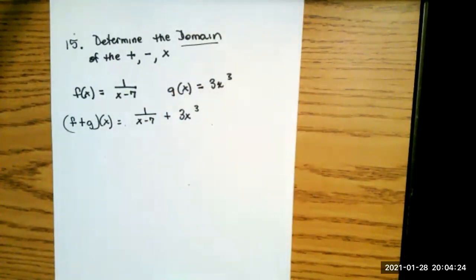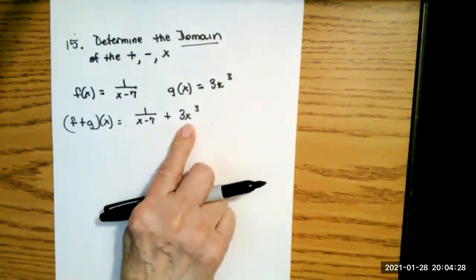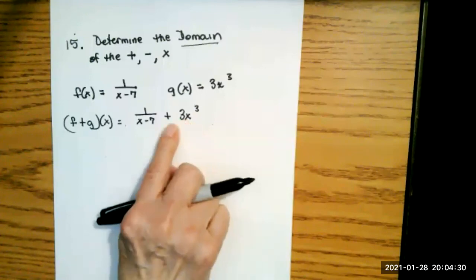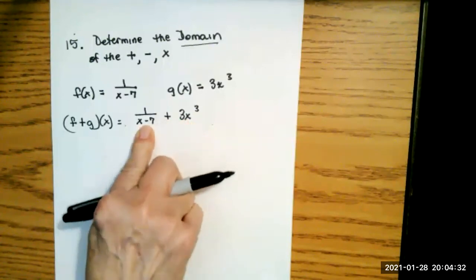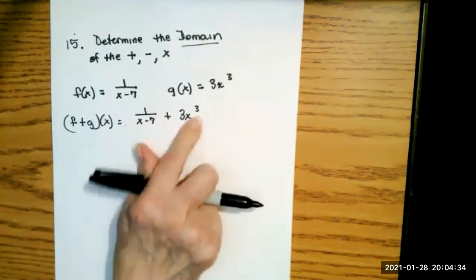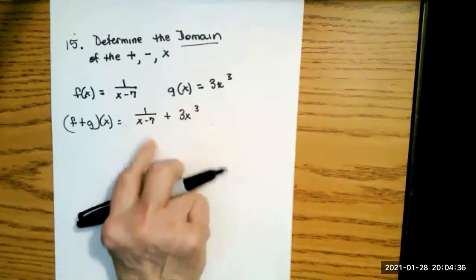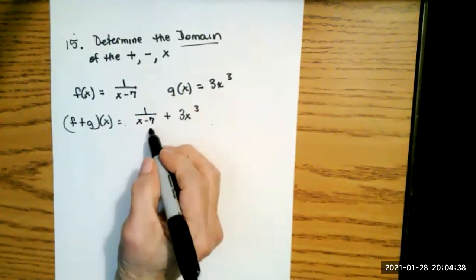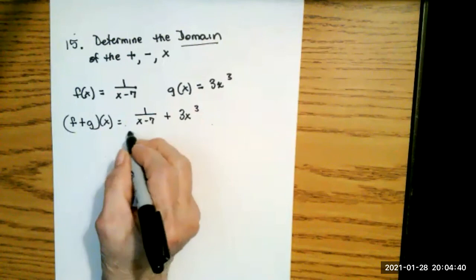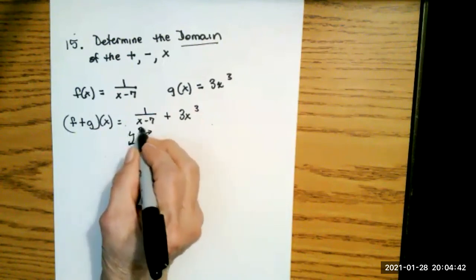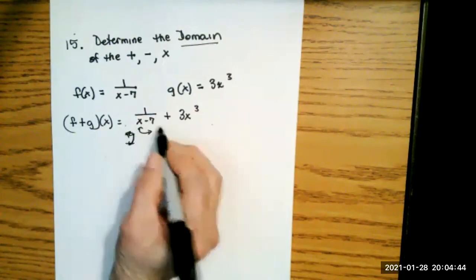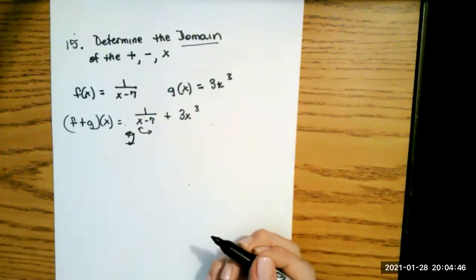It didn't ask for anything else. Well, this little cubic part of it, the domain is all real numbers. But when I add it to this part, then what I've got is the whole thing I have to consider. And because this part is one of those rational functions, because it has a denominator, there's a place that's not defined.